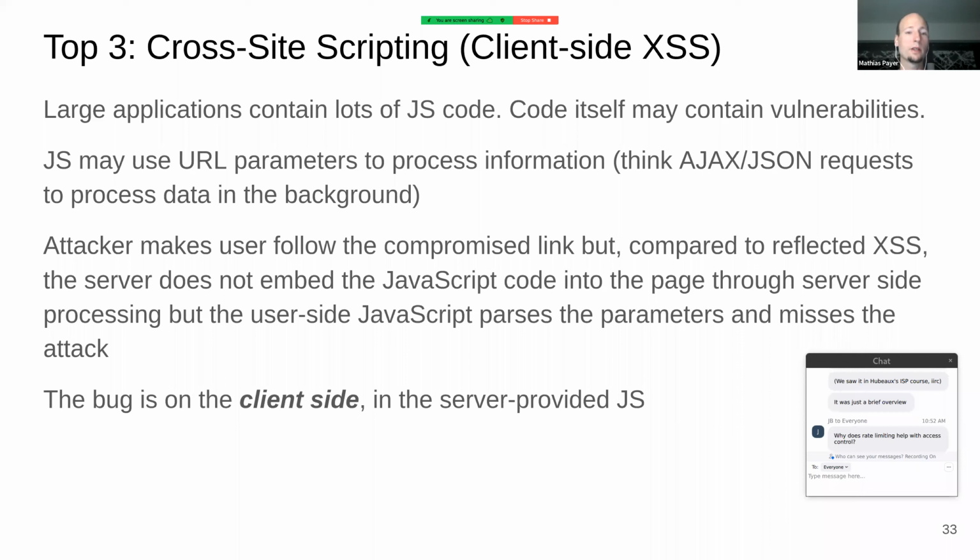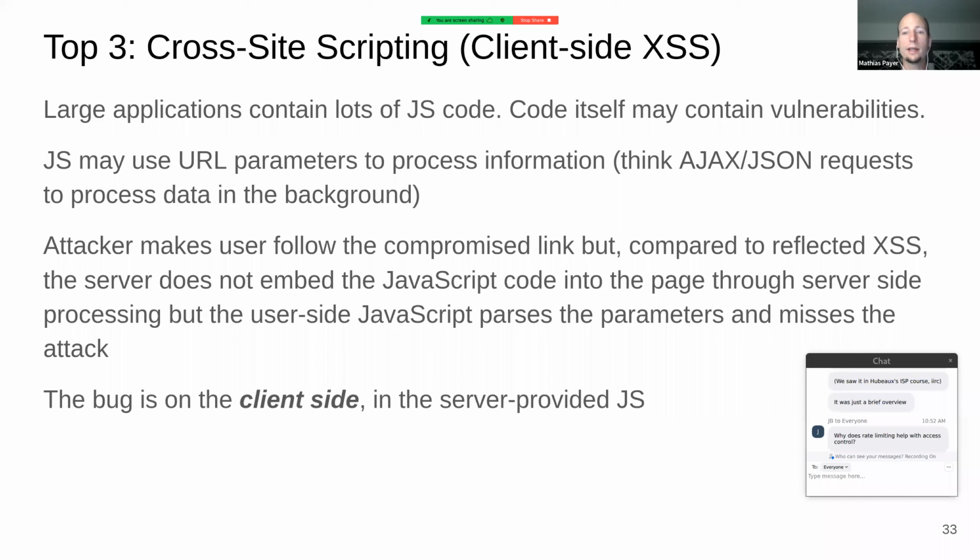And the attacker makes the user follow the compromised link, but compared to reflected cross-site scripting, the server does not embed the JavaScript code into the page through server-side processing. Instead, the user-side JavaScript parses the parameters and then misses the attack, right?